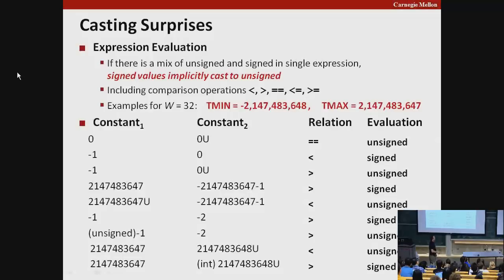And that's evaluated as signed, right? Because this is signed and this is signed. Negative 1 and 0 unsigned. Well, now I have an unsigned type, so my negative 1 is cast to an unsigned. If I take a negative 1 bit pattern and I interpret it as unsigned, it's a big number, right? It's bigger than 0.